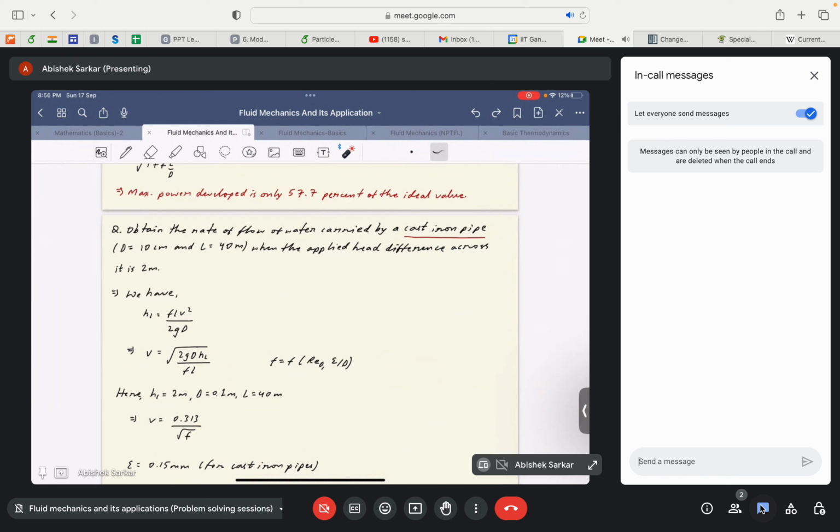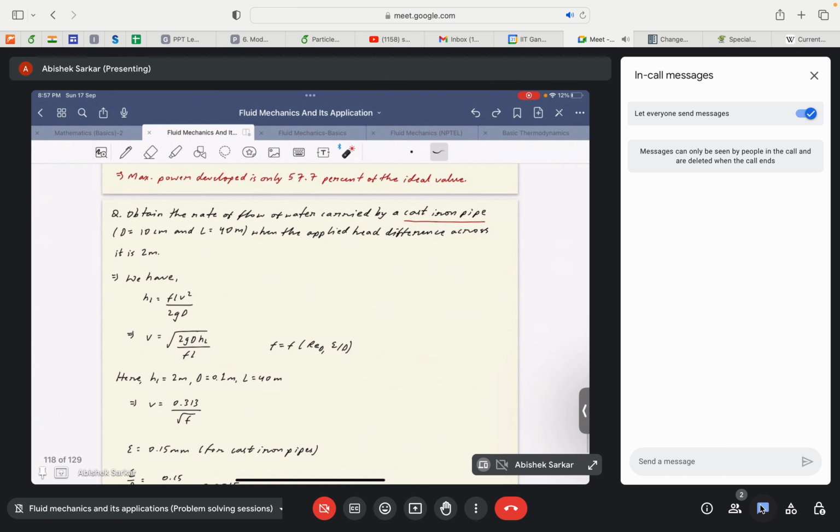I'm not saying it's necessary, but if in future you become an engineer that deals with pipe flows all the time, then knowing the equivalent surface roughness or the average surface roughness for different materials becomes quite handy, right? You need not look into the books all the time. Okay, so that's fine, but still I'm just saying. If you know that, then the problem becomes simpler.